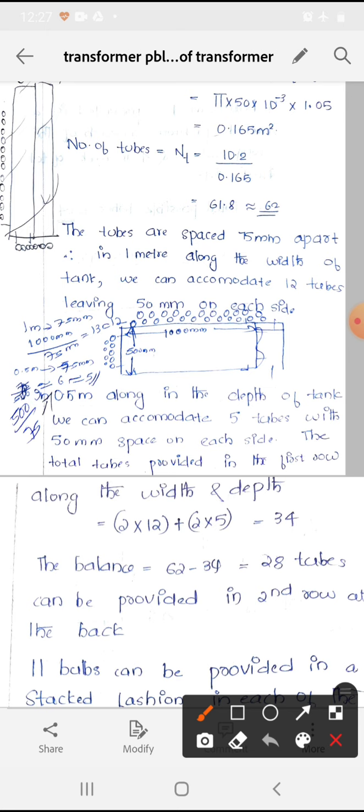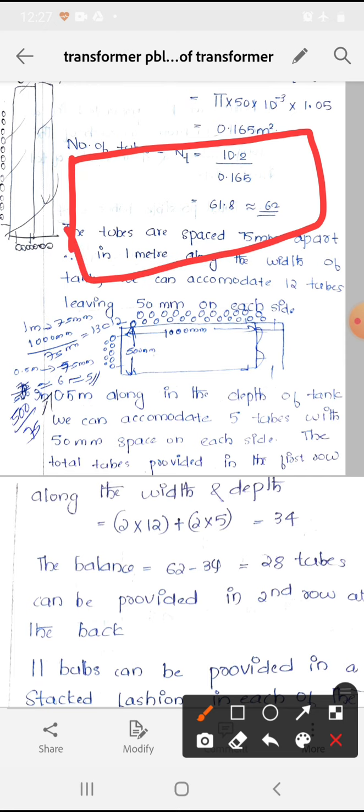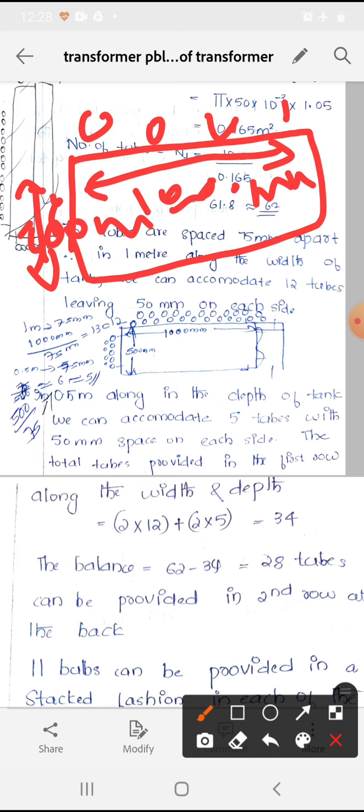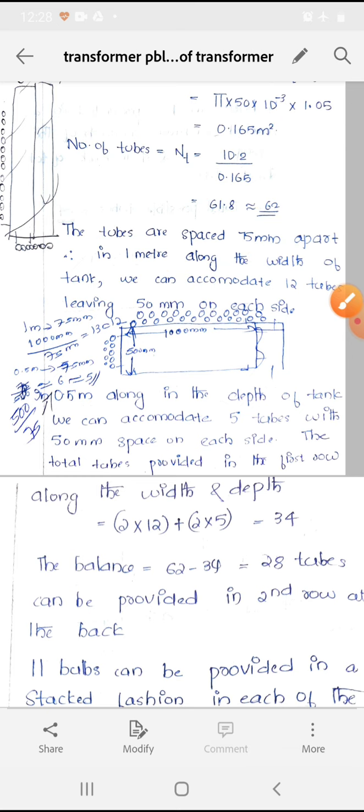So first of all we need to draw a rectangular tank like this. This is 1000 mm and this is 500 mm.